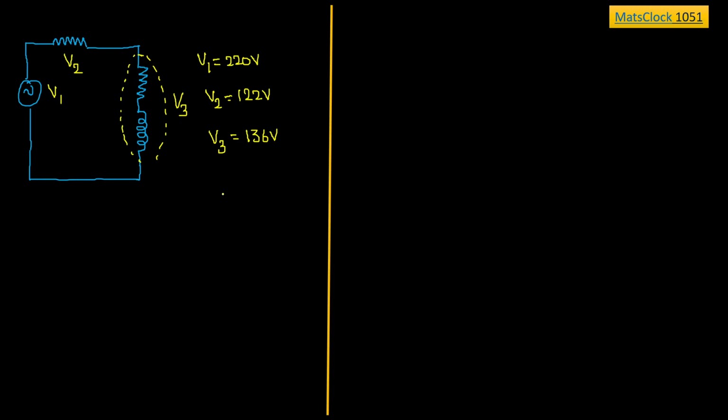So totally we have 3 voltages. Now the next thing is question number 1. For the above circuit, what is the power factor of the load or from the source? What is the power factor of the load? That is question number 1.